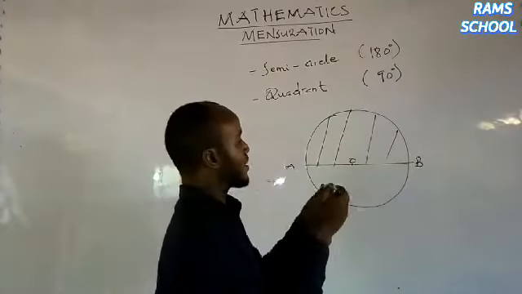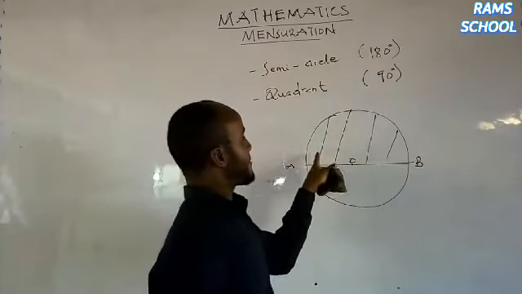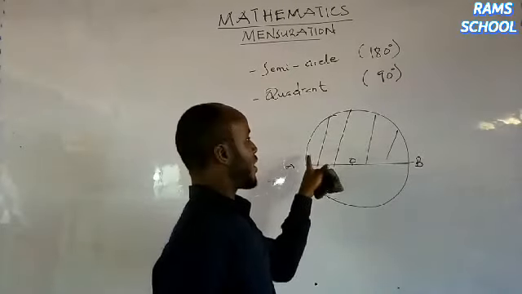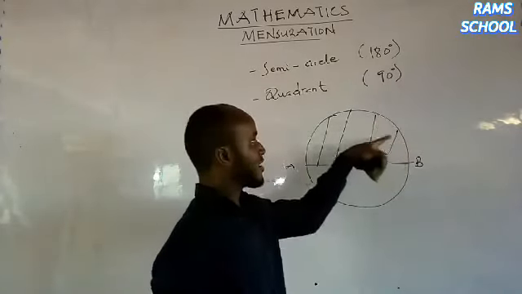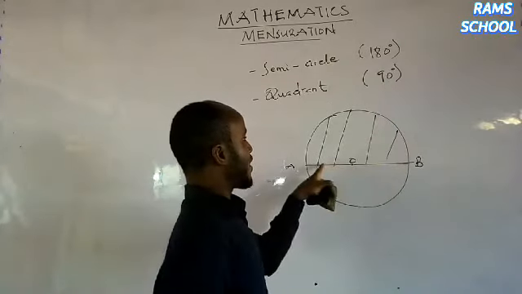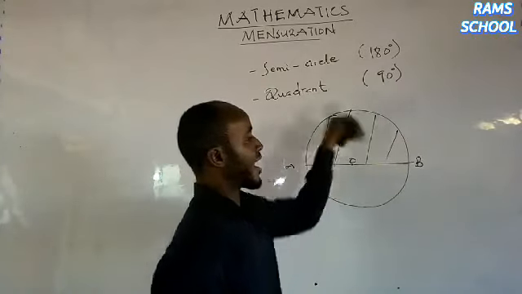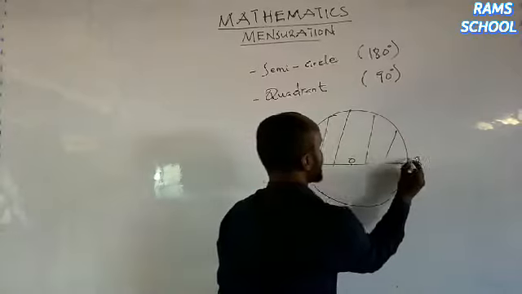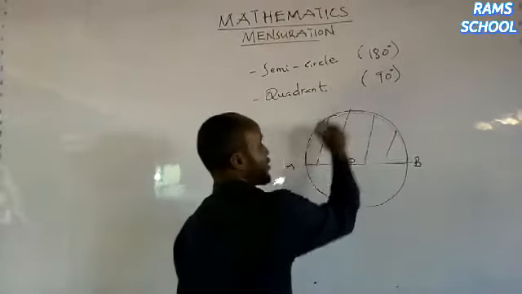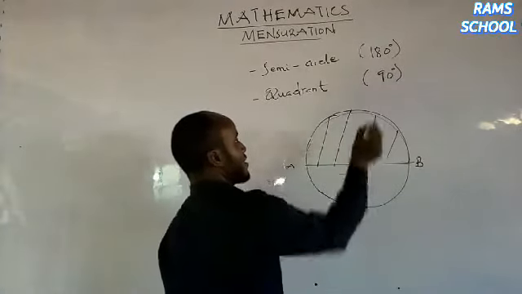So if you are asked to find the length of the arc AB or the length of the semicircular arc, so this is the semicircle. So the arc will be this, or the circumference of the semicircle.